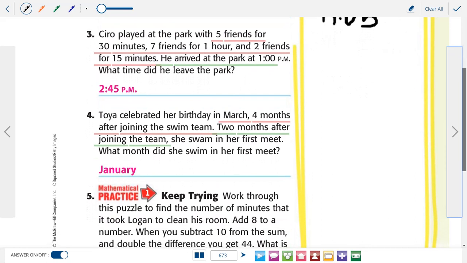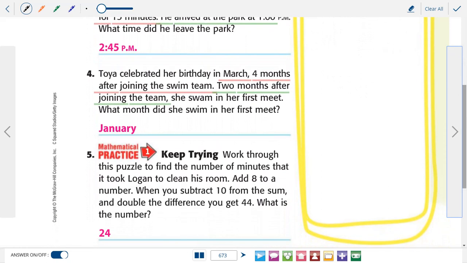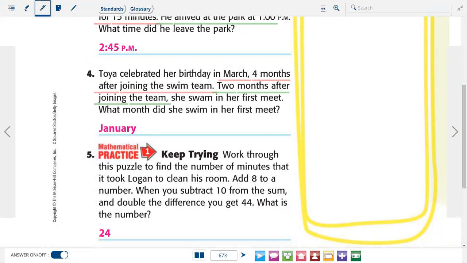Again, if you couldn't understand any questions, just send me a letter and I will send you how we do it in detail. Okay, now Toya celebrated her birthday in March, 4 months after joining the swim team. So her birthday was in March, 4 months after joining the swim team.